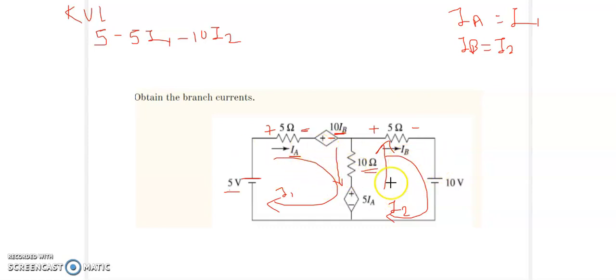As the directions are opposite, the current through this 10 ohm resistor will be the difference between these two currents.